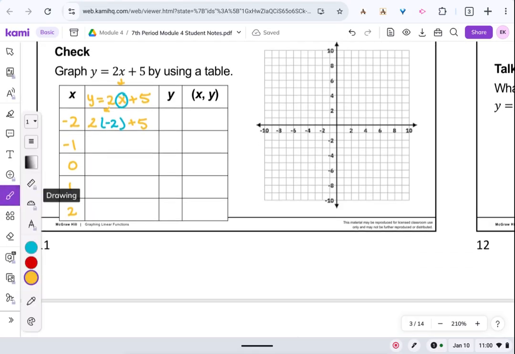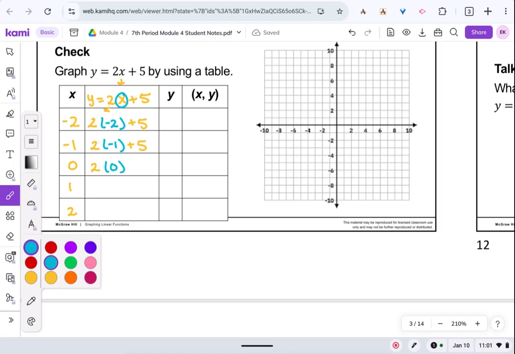So I'm going to have the 2 in front again, but this time in my parentheses it'll be -1 plus 5. Keep the 2 out front. Now it's going to be a 0 plus 5, 2, parentheses 1 plus 5, and then 2, parentheses 2 plus 5.